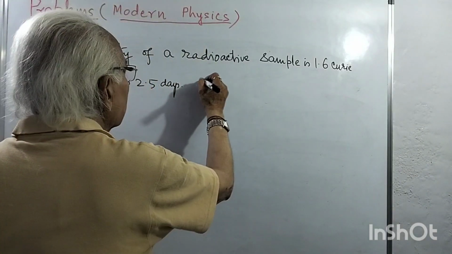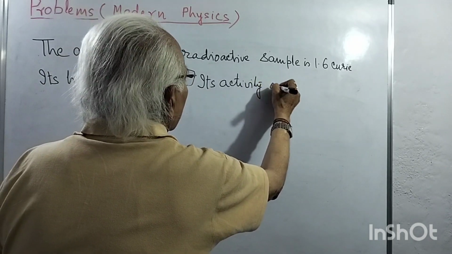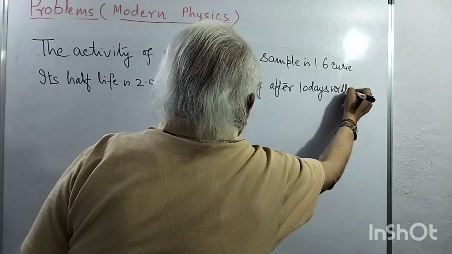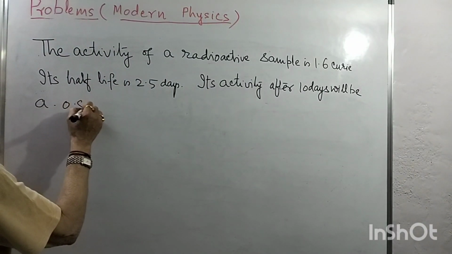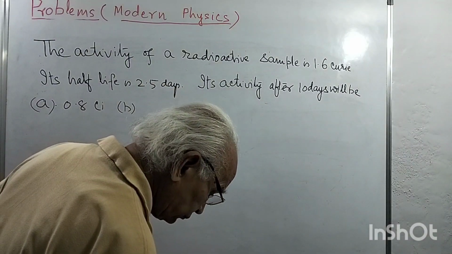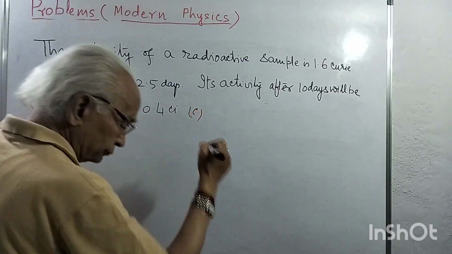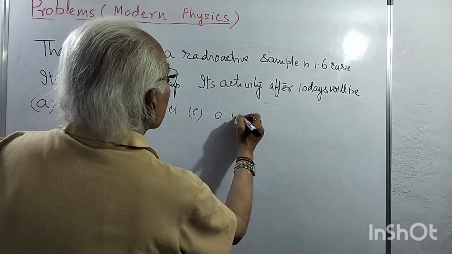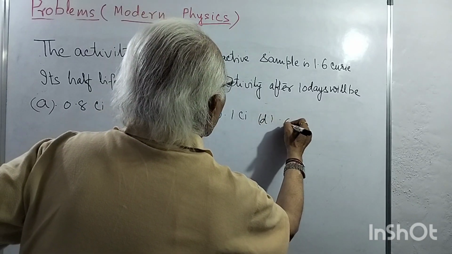Its activity after 10 days will be: A, 0.8 curie; B, 0.4 curie; C, 0.1 curie; or D, 0.01 curie.